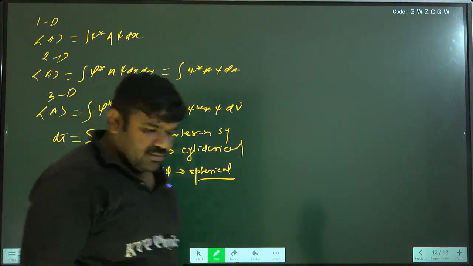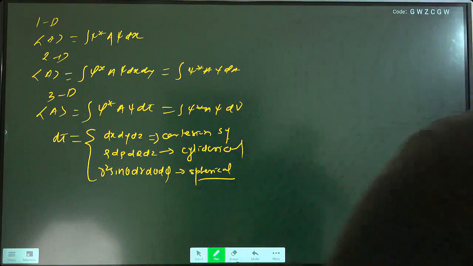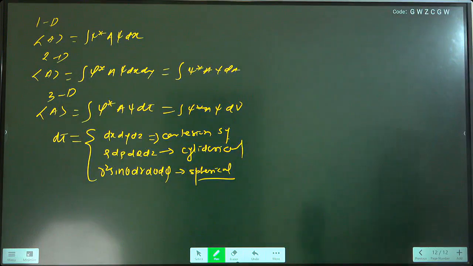Since the system is spherical, d tau value is equal to this. Okay, now see here.